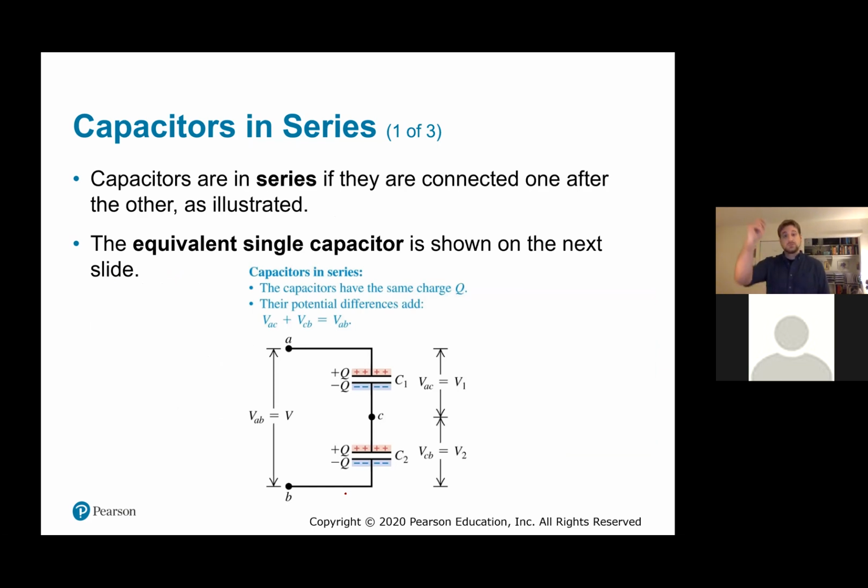The potential difference between points A and B is a result of what's between them. In order to get from B to A, as drawn, we have to go through C to get to A. So from continuity, the potential difference of C relative to B plus the potential difference of A relative to C gets us the total potential difference of A relative to B. All right, fine.